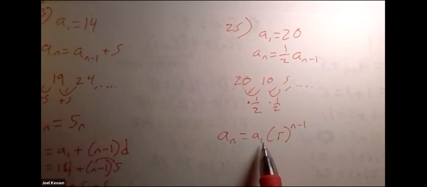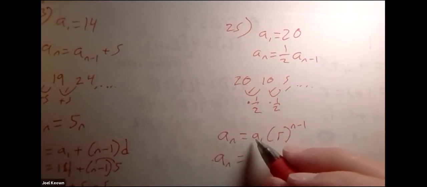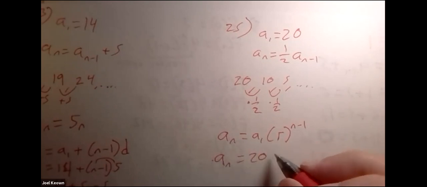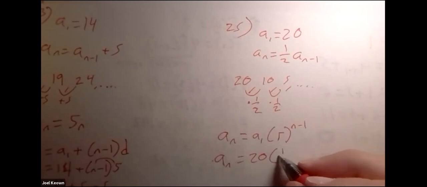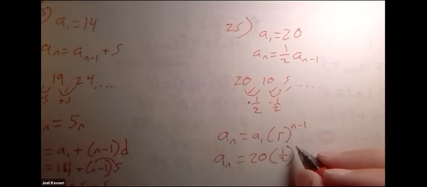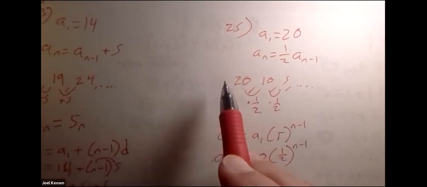Well, let's plug in and see what I get. A sub 1 is 20. R is what I'm multiplying by, it's 1/2. And then I'm just going to leave it n minus 1. Does that in fact give me this? Well, if I plug 1 in, 1 minus 1 is 0, and 1/2 to the 0 power is 1, 1 times 20 is 20.